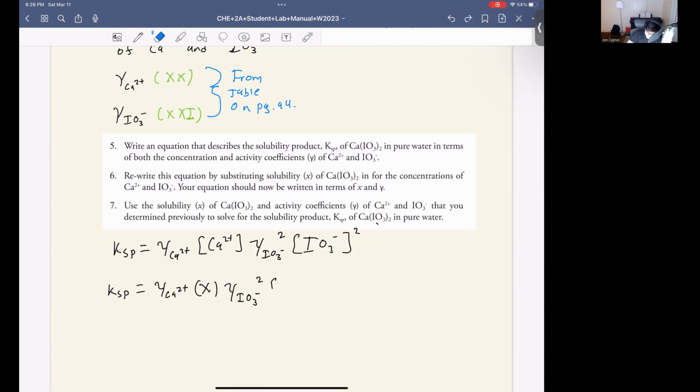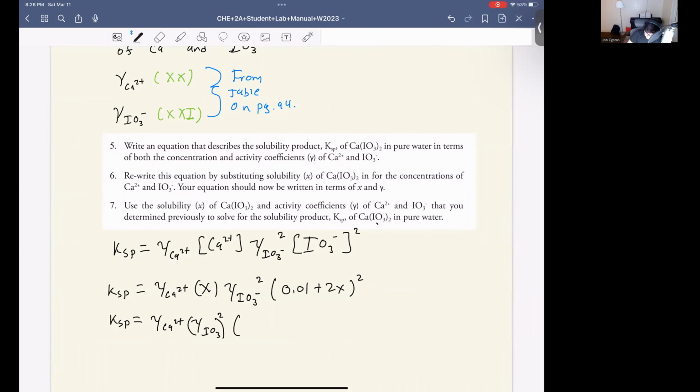And then the concentration of iodate is going to be 0.01 plus 2x, squared. If you simplify this, it's going to simplify to what we had on the last page, except we have these 2 coefficients out here. Just make sure to include those.